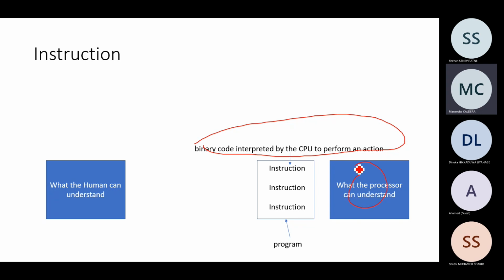I gave an example a few weeks back, probably in week 1 or 2, in class: stand up, sit down. These are the instructions that I gave to a human. The human understood it, but our objective is to give the same kind of instruction to the computer too. That's the root cause we need to understand.